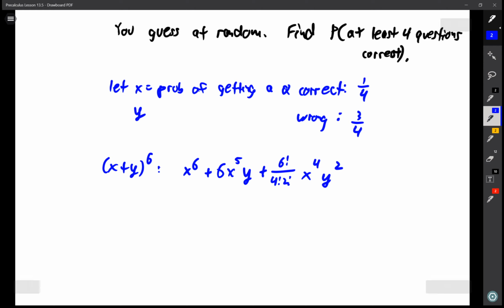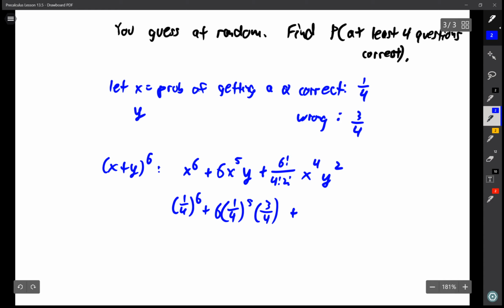Now we plug in the probabilities. So this would be 1/4 to the sixth plus 6 times 1/4 to the fifth times 3/4 plus 6 factorial divided by 4 factorial and divided by 2, that's 15, plus 15 times 1/4 to the fourth times 3/4 squared.